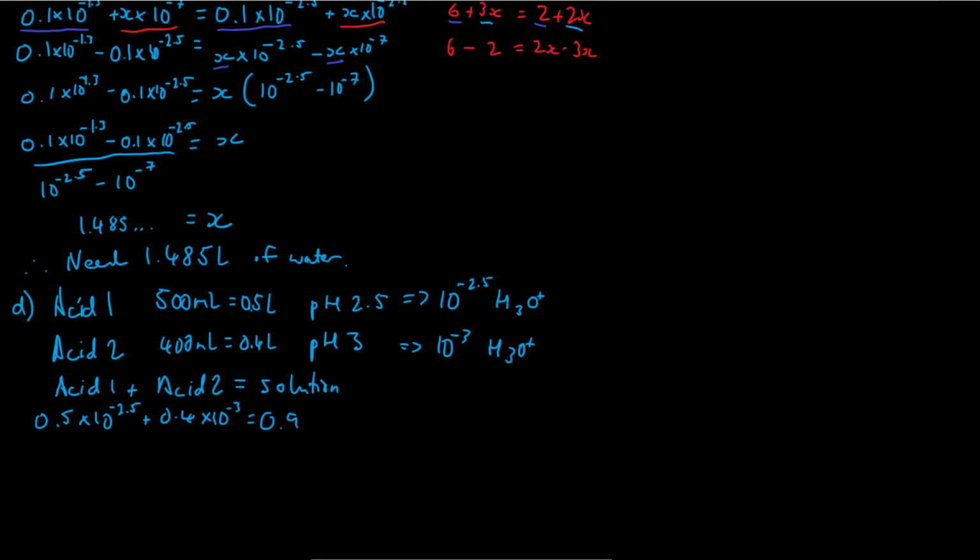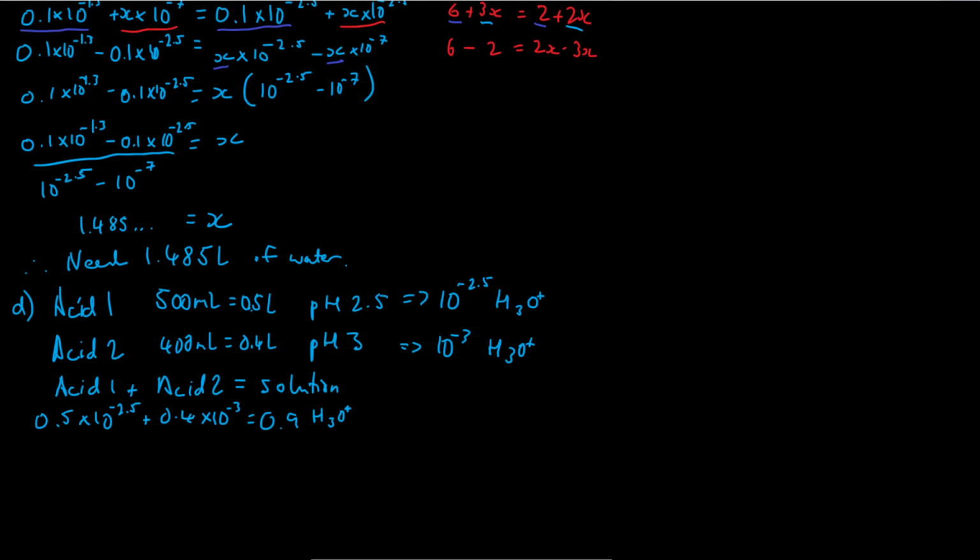So our solution pH, let's just call it pH. It's the unknown pH, so we can work it out doing this. Oh sorry, it won't be pH, silly me. It's going to be our H3O+, that's the concentration, because we're using our 10 to the negative 2.5, which is our concentration of acid 1, and 10 to the negative 3, which is the concentration of acid 2.